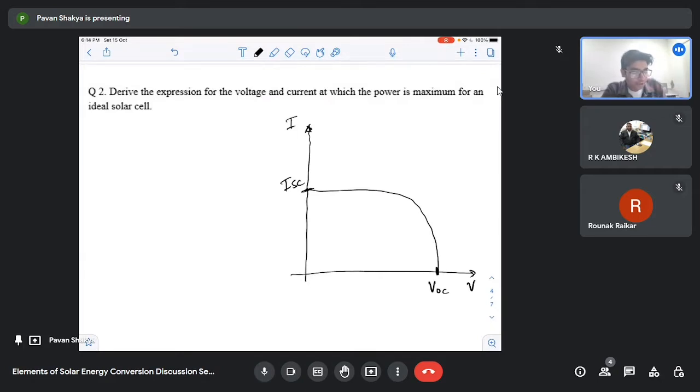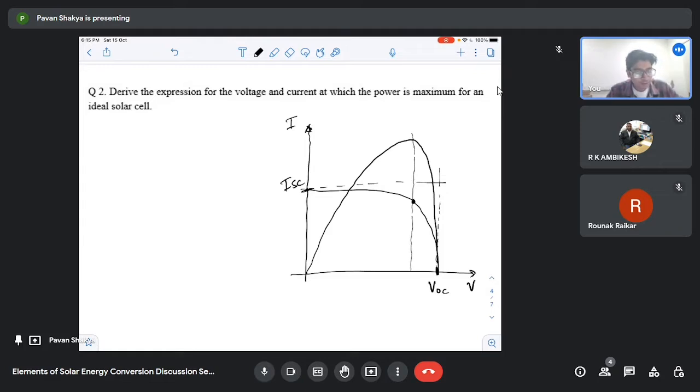So if we try to draw the power curve, then suppose this is the point where we are able to find the maximum value of the power. Then if we plot the power curve, we will find that this power curve will be like this, where this is the maximum point.